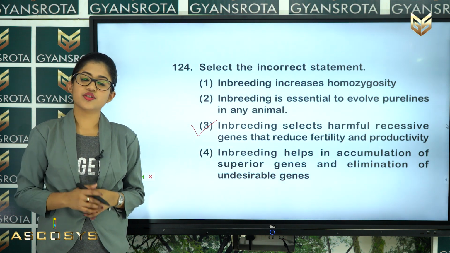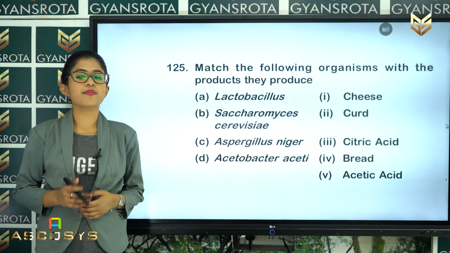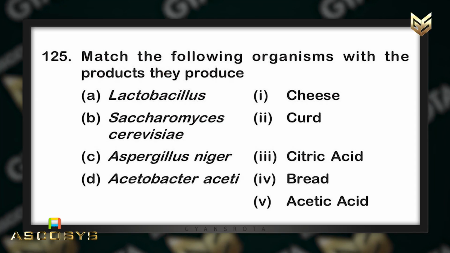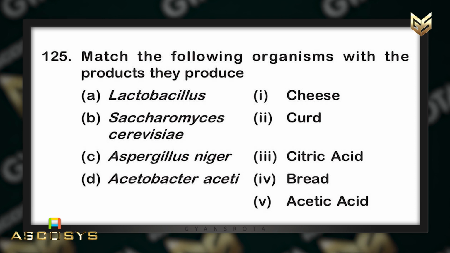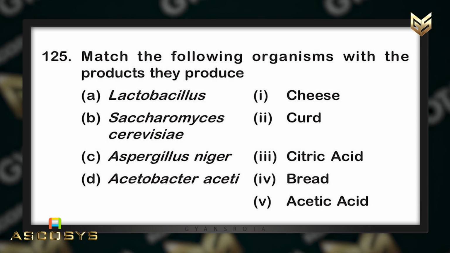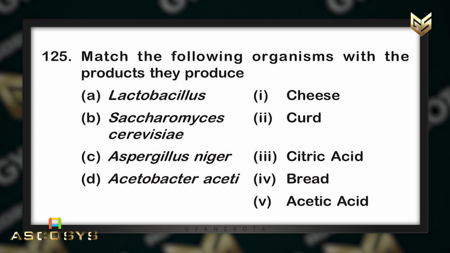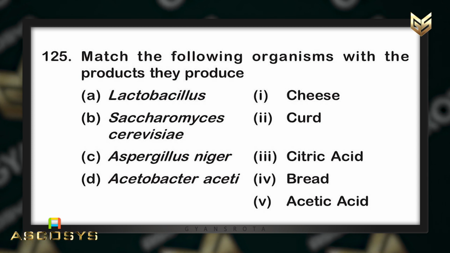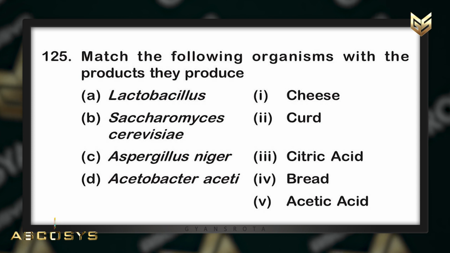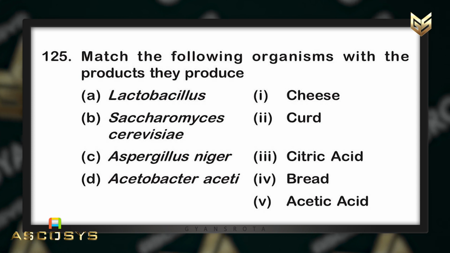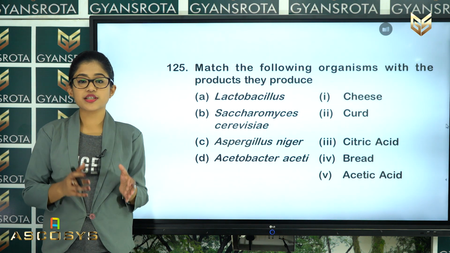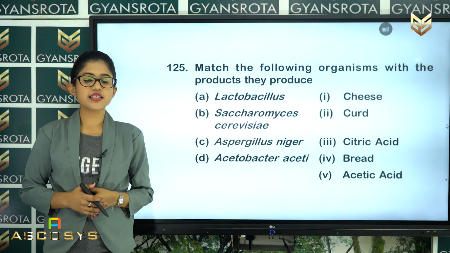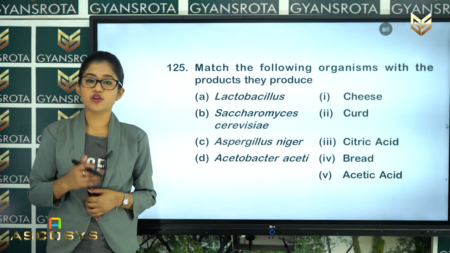Now, let us move on to the next question. In this question number 125, you have to match the following organisms with the products they produce. In the first column, Lactobacillus, Saccharomyces cerevisiae, Aspergillus niger, Acetobacter aceti. And here all the products are given: cheese, curd, citric acid, bread, acetic acid. We have got this from the chapter Microbes in Human Welfare.